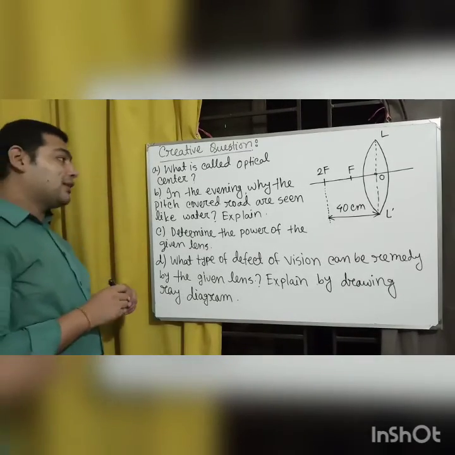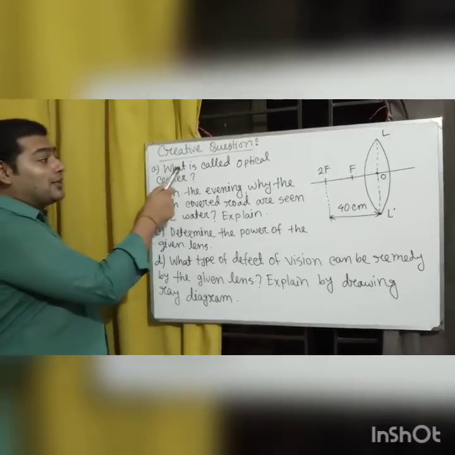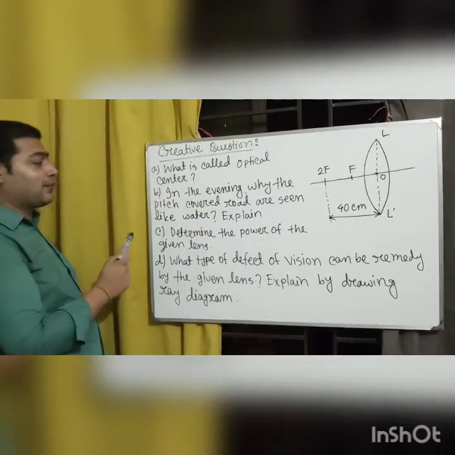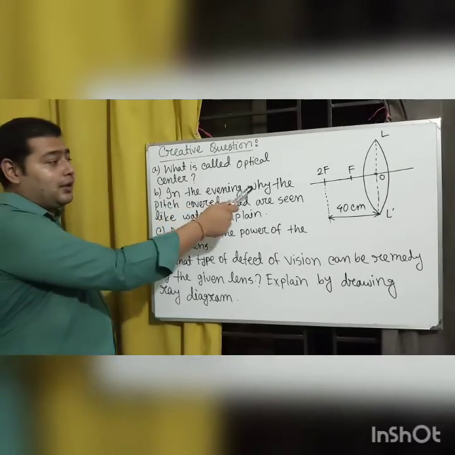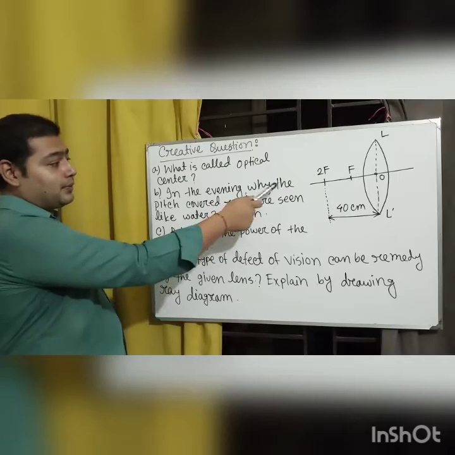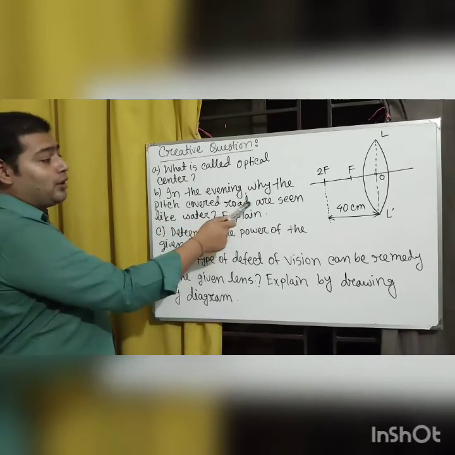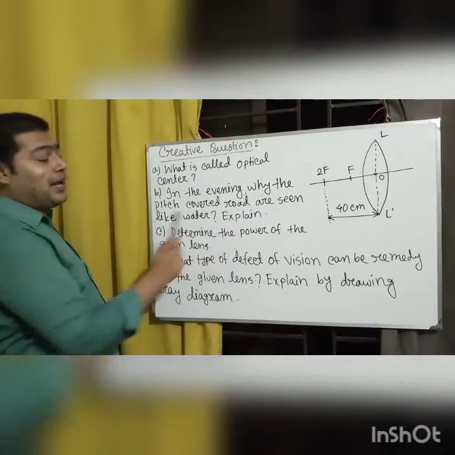Okay, and the questions are: question A, what is called optical center? Question B, in the evening why are the pitch covered roads seen like water? Explain.